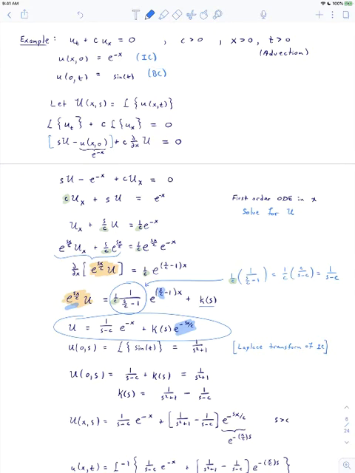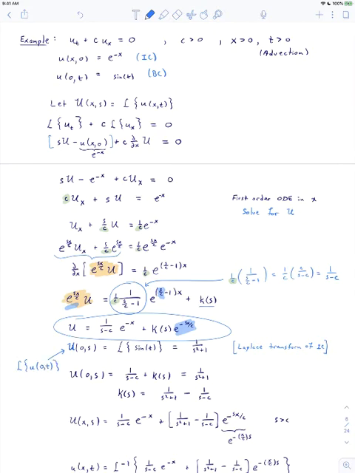Okay, well remember the Laplace transform doesn't affect x. So if we look at capital U, despite how it might look, this is a capital U. Capital U of 0 comma s is equal to the Laplace transform of little u at 0 comma t.